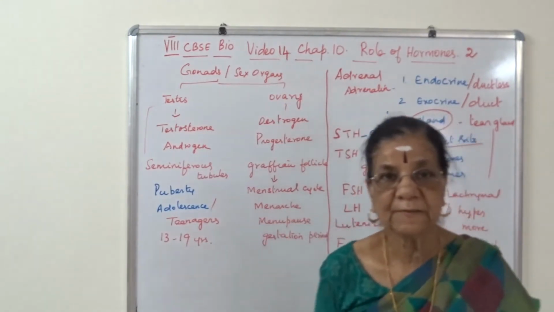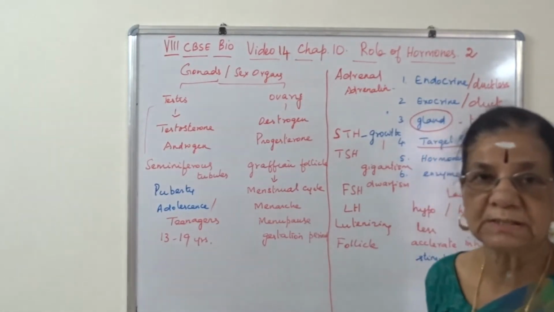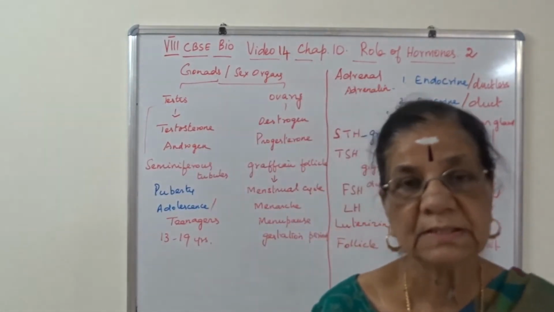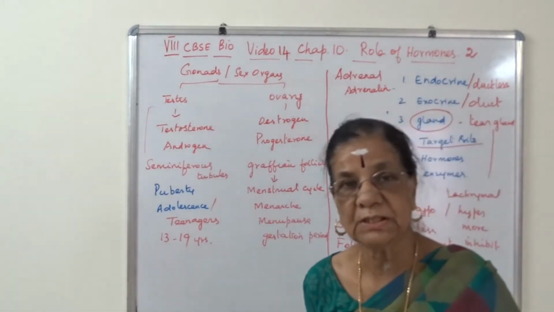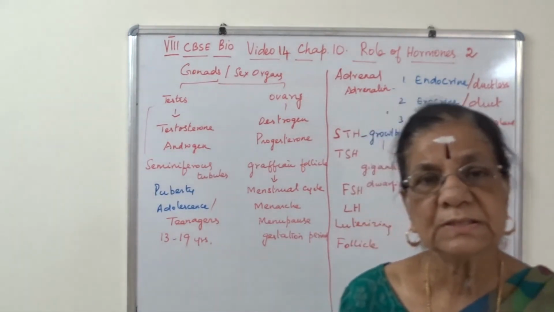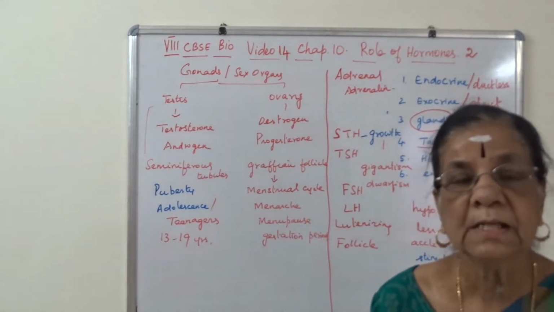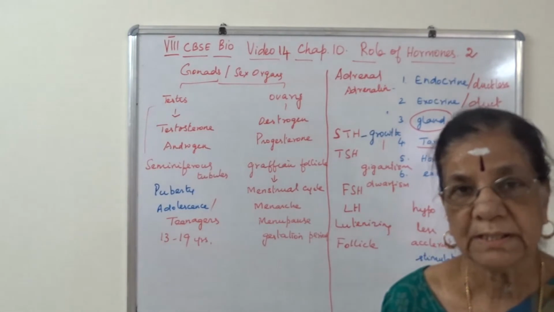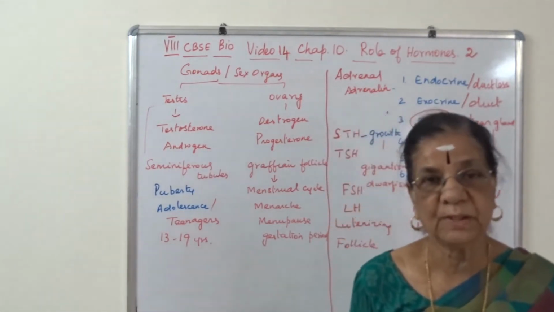I hope you are listening. So this puberty and adolescence, we will discuss in the later part of the session. During that time, there are some bodily changes occurring in both male and female.